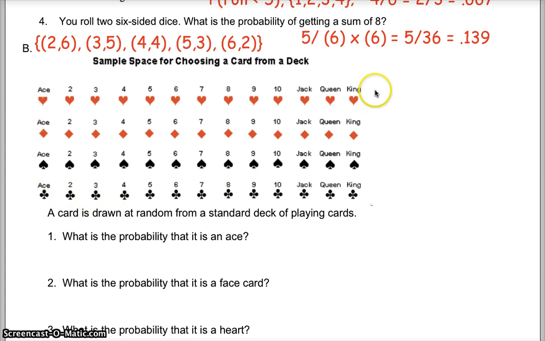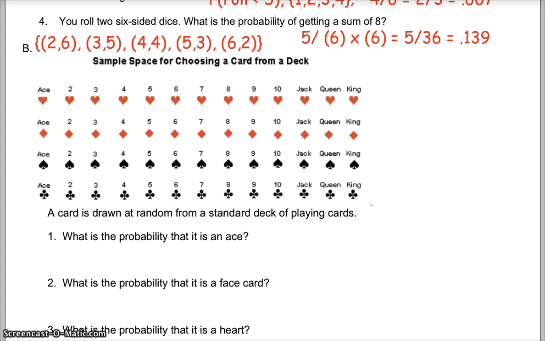And so if you see here, we have 13 red hearts, 13 red diamonds, 13 black spades, and 13 black clubs, for a total of 52 cards. We have 4 aces, 4 2s, 4 3s, 4 4s, and so on, 4 jacks, 4 queens, and 4 kings.